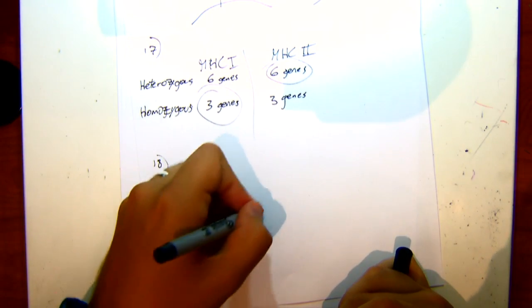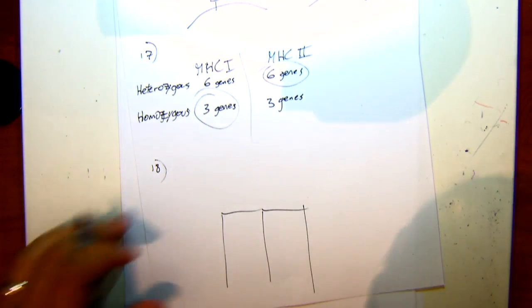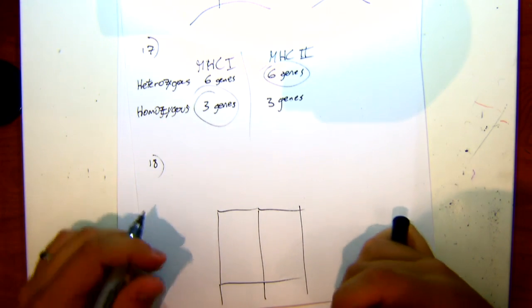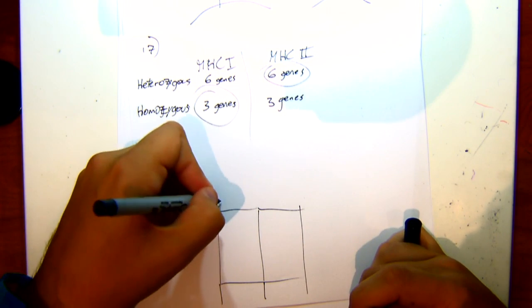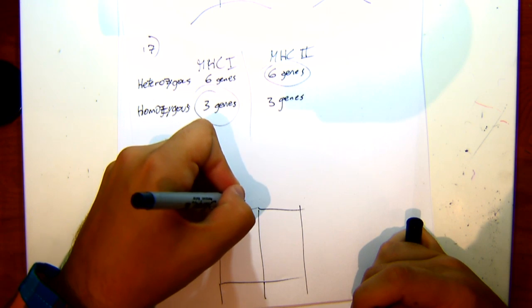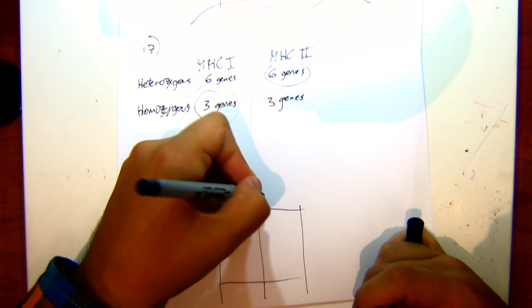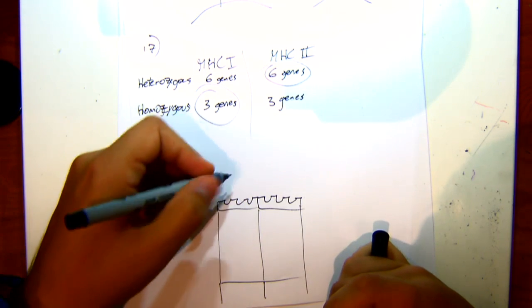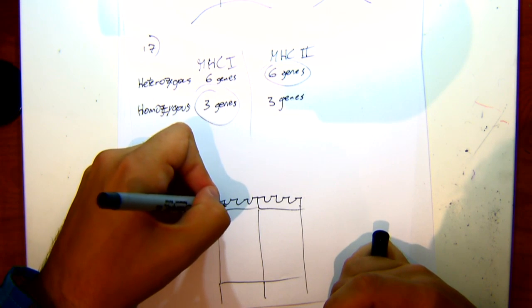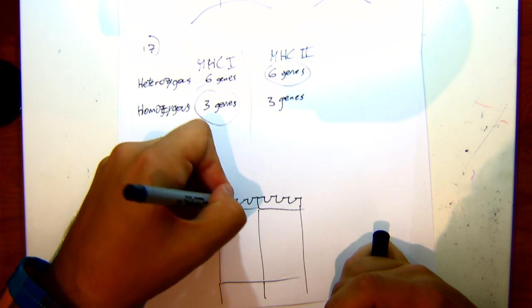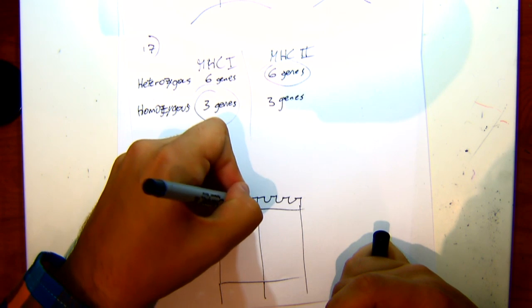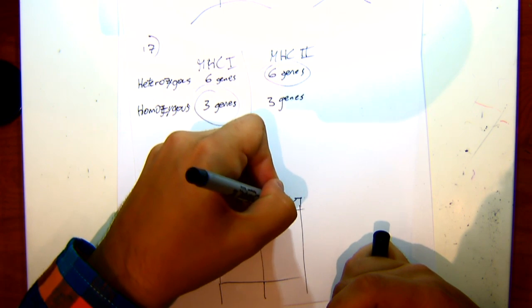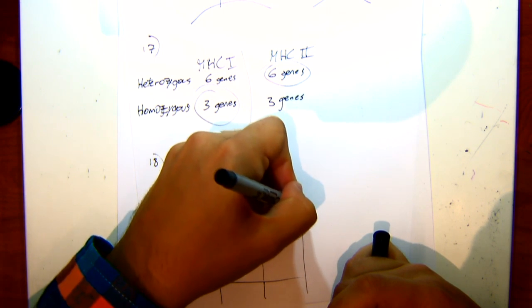So that's just the top part of your TCR, right? And 1, 2, 3. 1, 2, 3. There you go.